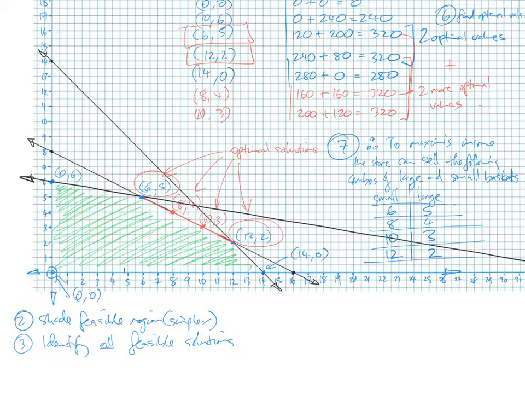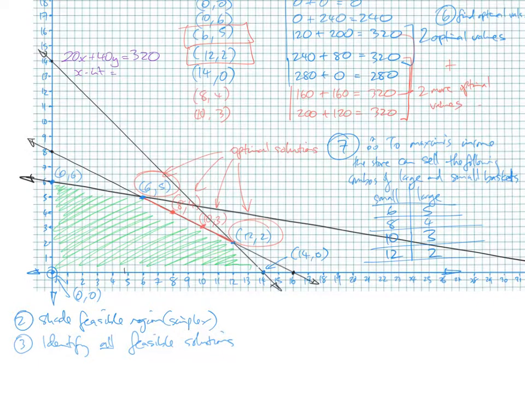And to just triple show you what all of this calculation is showing, if we drew the objective function, I might draw it in purple. The optimal value is 320, so 20x plus 40y is 320.